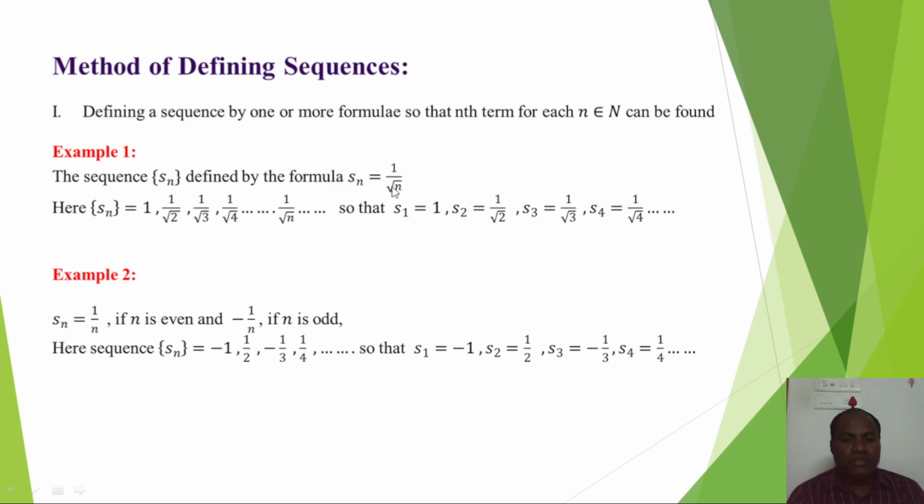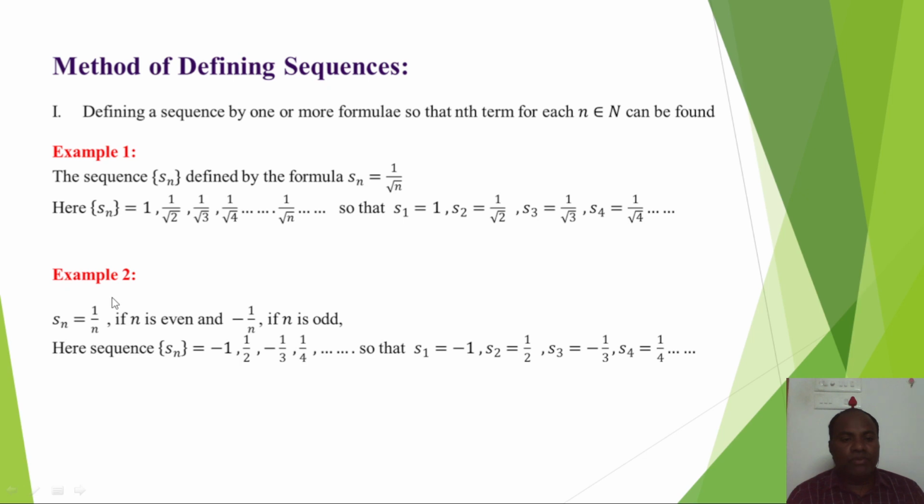We replace n by natural numbers: n equals 1 gives 1, n equals 2 gives 1 by root 2, n equals 3 gives 1 by root 3, n equals 4 gives 1 by root 4, and so on, 1 by root n. So 1 is S1, 1 by root 2 is S2, 1 by root 3 is S3 and so on. This is the first term, second term, third term, fourth term and so on.